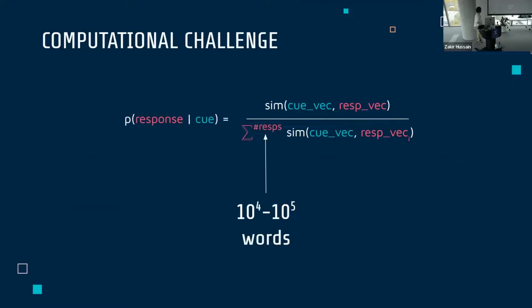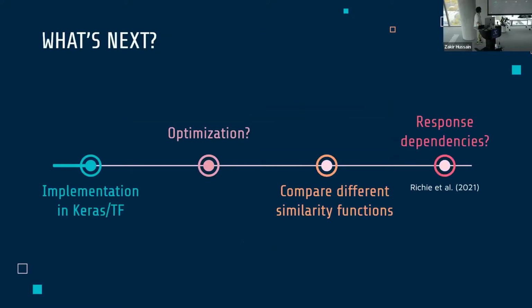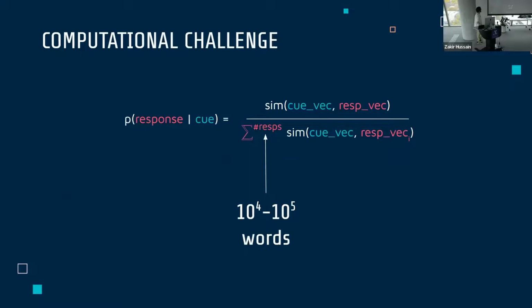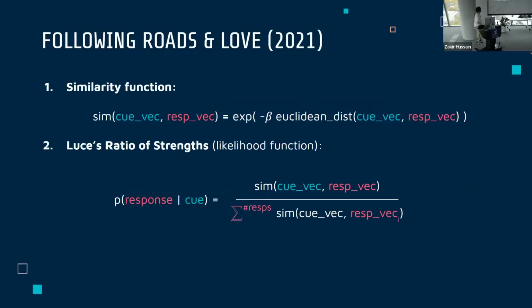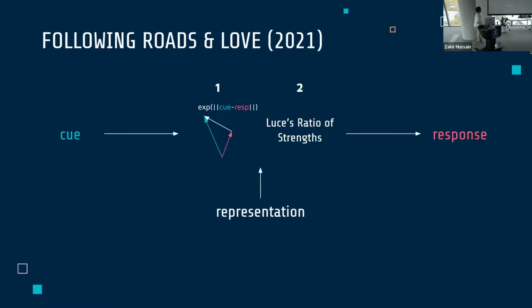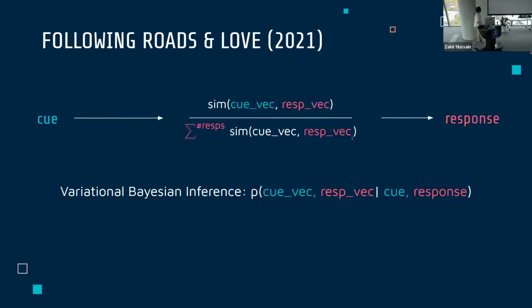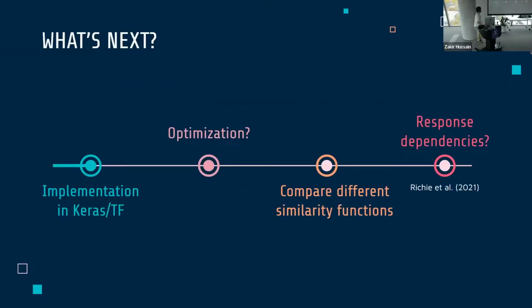So what exactly are we going to try and do with this project? I think the first thing, which is almost done now, is implementing a version of it in TensorFlow and Keras. So these formulas, this idea of using a similarity function and Luce's ratio of strengths, has a neural network style interpretation, which can be implemented in TensorFlow.